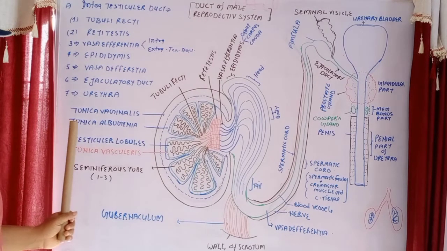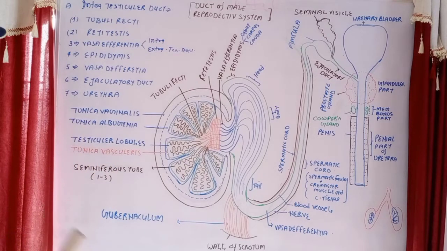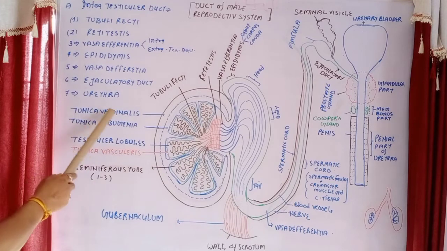Then the testis starts. In the testis, the first layer is known as the tunica vaginalis.